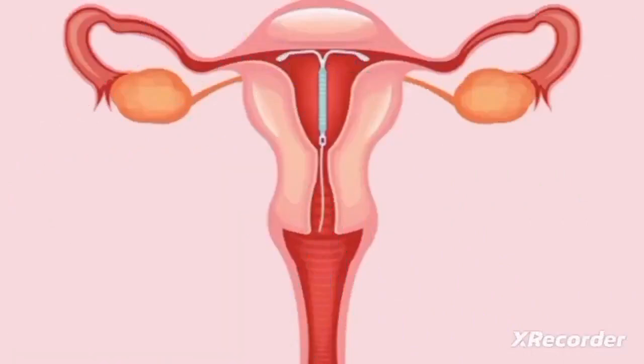Then the intrauterine device prevents the sperm from penetrating through the vagina or through the fallopian tube physically or mechanically.